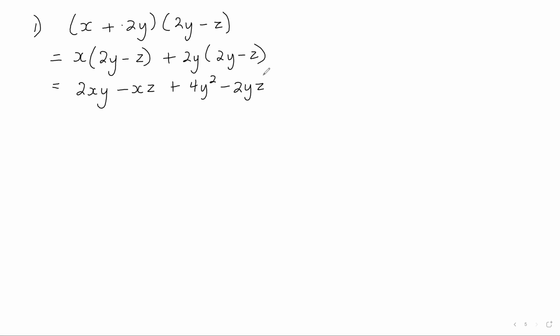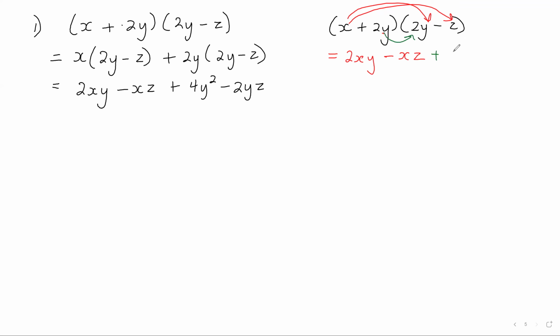If you wanted to go straight from the brackets to the third line, you'd say x plus 2y by 2y minus c, and x times 2y is 2xy, and then x times minus c will be minus xc, and then 2y times 2y gives me 4y squared, and 2y times minus c gives me minus 2yc. Still going to get the same answer.